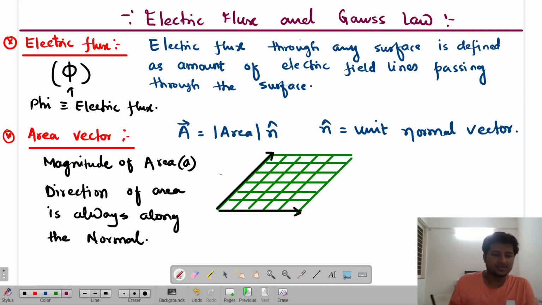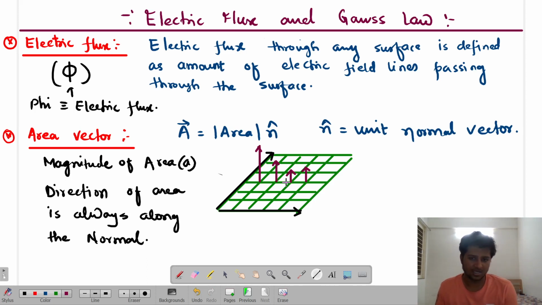Now you can see that this n cap can be present along any of these points. Like let's suppose if I say over here, this is n cap, this is n cap, this is n cap. So for any kind of area, these all are the directions of area. Are you able to get me or not?